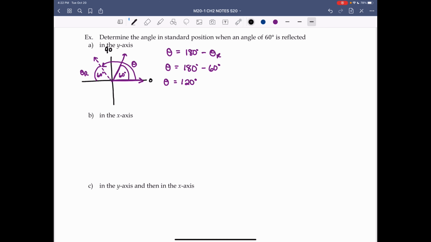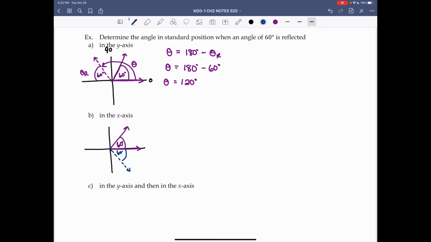Part B, we want to find the angle if we were to reflect our initial angle of 60 degrees in the x-axis. Let's draw our initial angle again. If we reflect it across the x-axis, then it would reflect down, so it would look something like this. Our reference angle is still the same, so this is 60 degrees.